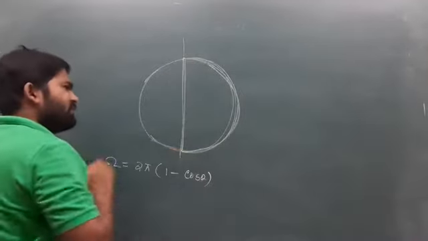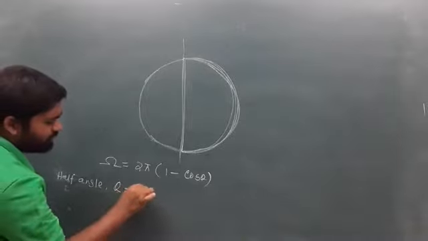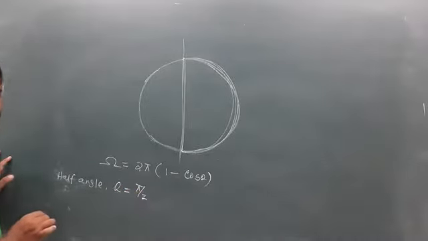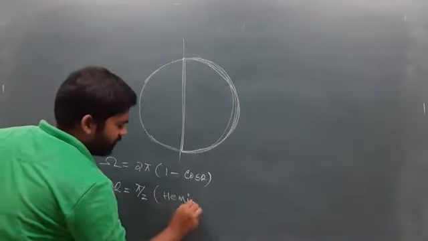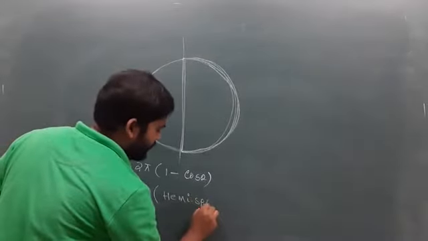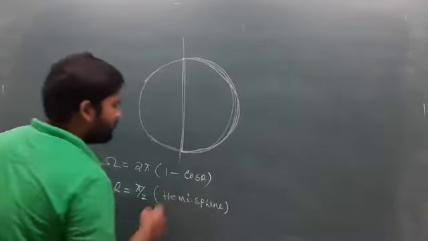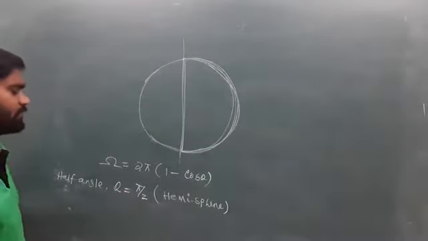If I consider a half angle, then theta equals pi by 2, and the region is a hemisphere. For a hemisphere, theta, the half angle, is equal to pi by 2.